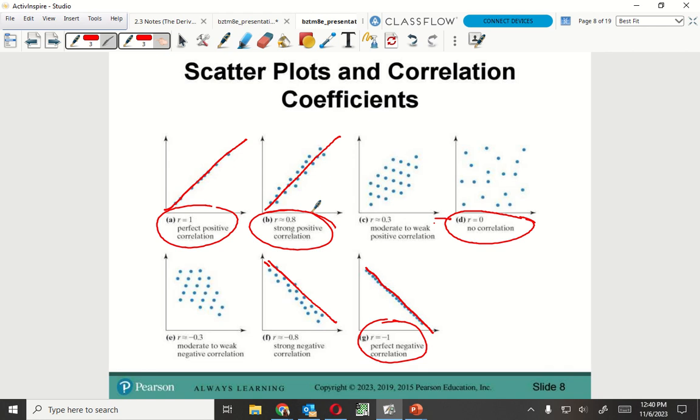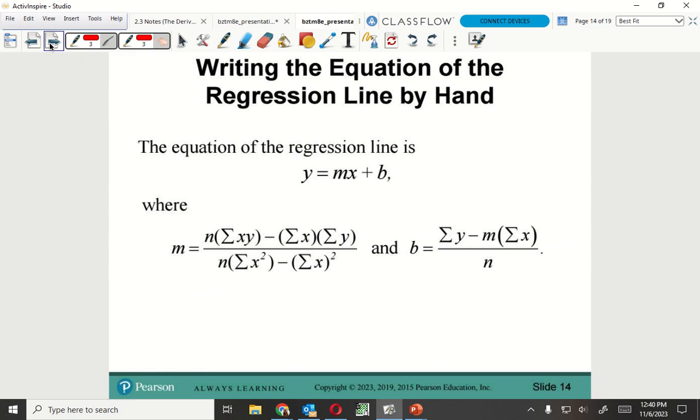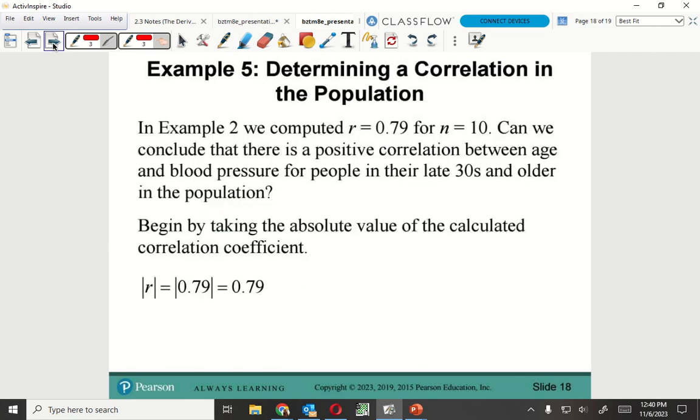Why is it not a strong negative correlation? It's going up, right? So my R value for my previous one was going up. So this is going to be a strong positive correlation.